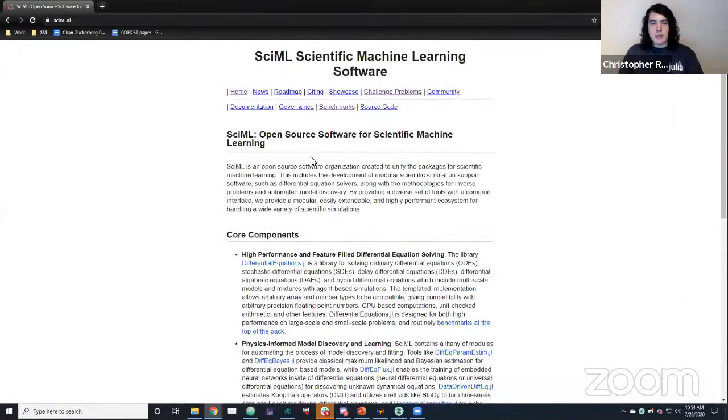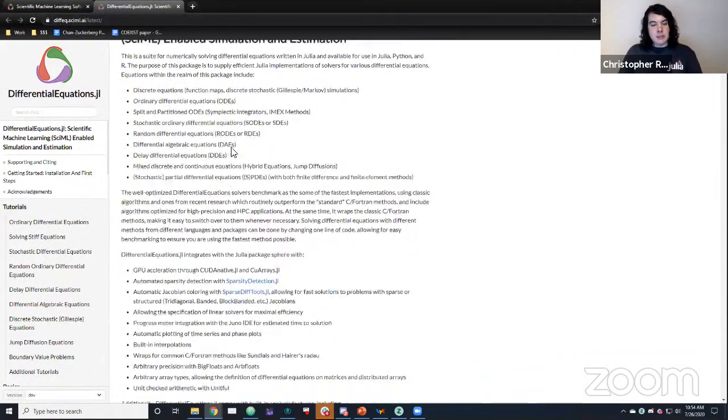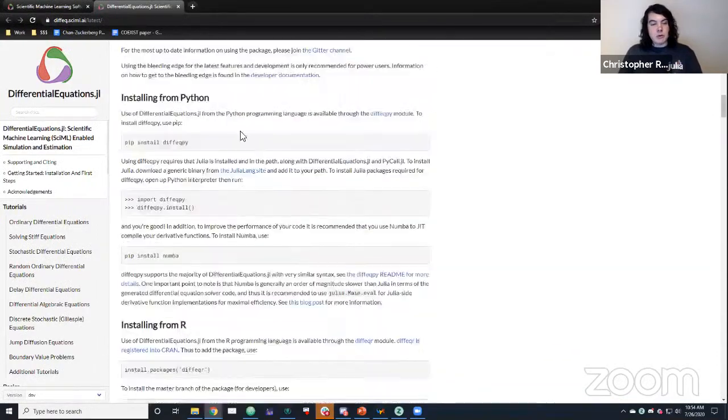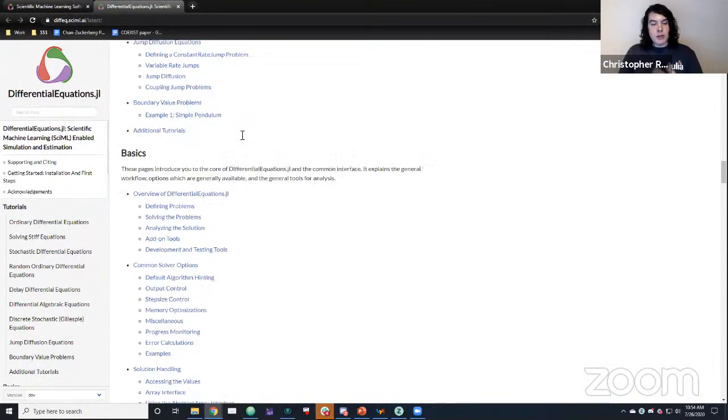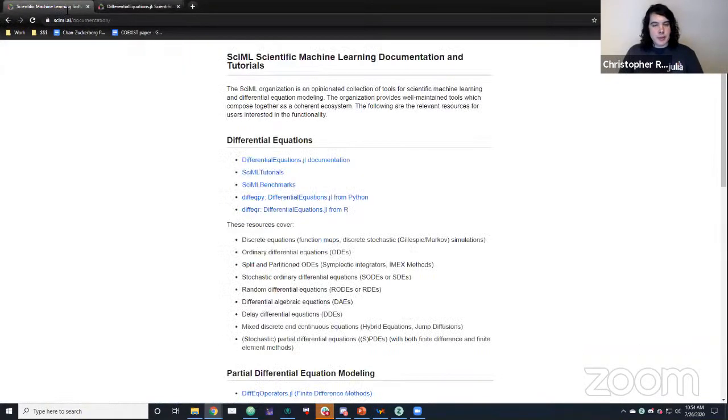So all these different things are mentioned here. If you want to find the documentation for a lot of our different packages, you go to our documentation page where you can find, for example, the documentation for DifferentialEquations.jl, which is an extensive documentation of how to use the differential equation solvers, both in the scientific machine learning ecosystem and beyond it.